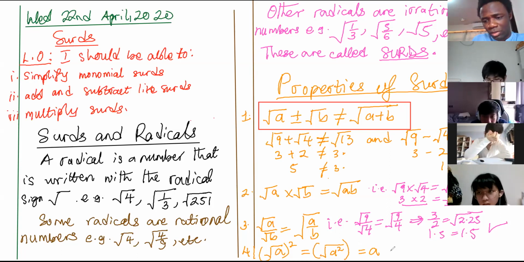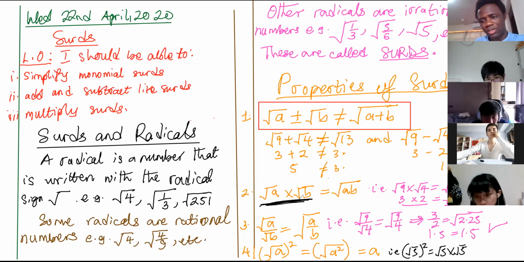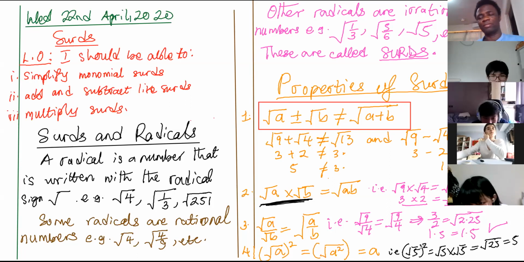So if I check with 5, for example, and square it, that is actually the square root of 5 times the square root of 5. And because we are allowed to find the products, this becomes the square root of 25, which is 5. So you get that 5 again.